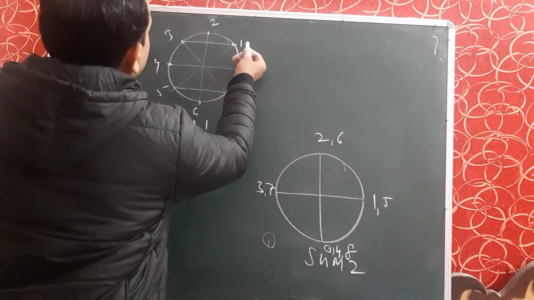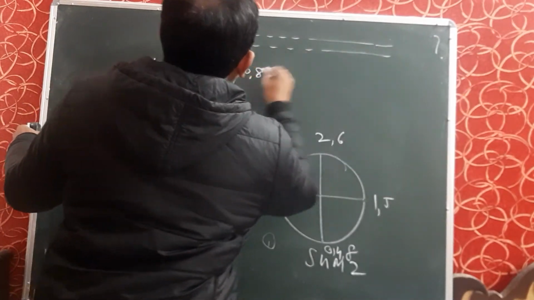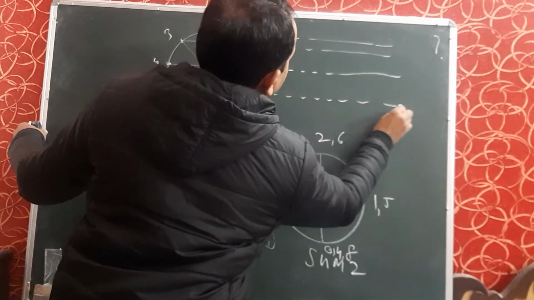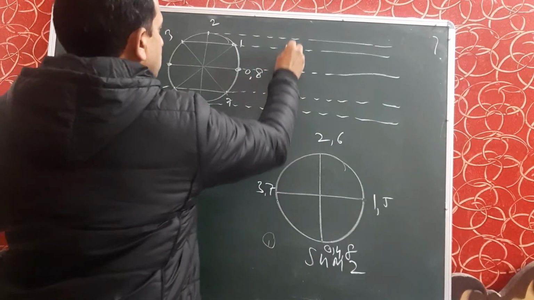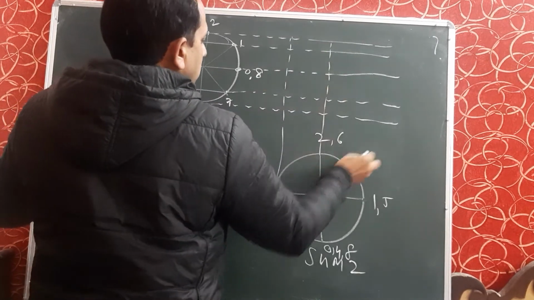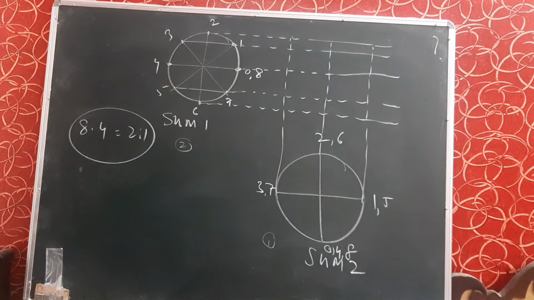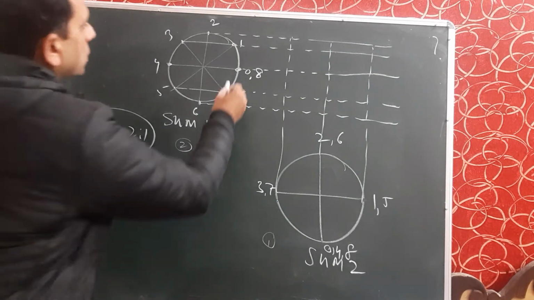Then we trace these lines like this. This is the same case which we have already discussed in the previous lecture. This is the first case, second, and this third. So you can compare this 0 line with this 0 line.